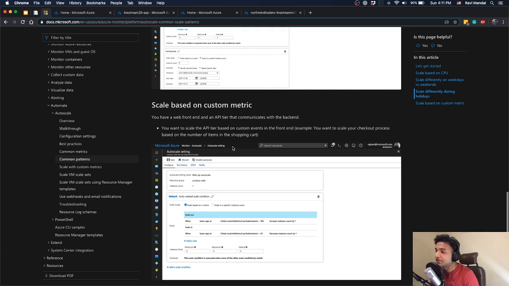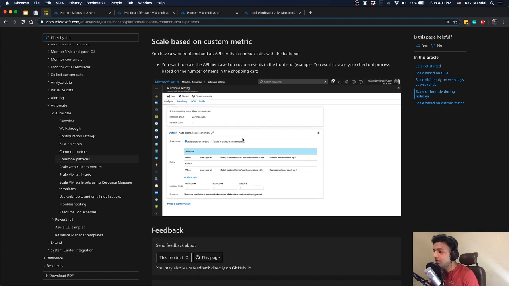Or maybe you can have a custom metric on your system. Let's say you have an application with a custom metric like the number of loan submissions. If the number of loan submissions increases more than 100, you can add a rule in the system saying increase the number of instances to, let's say, 5 or 6 or 7.